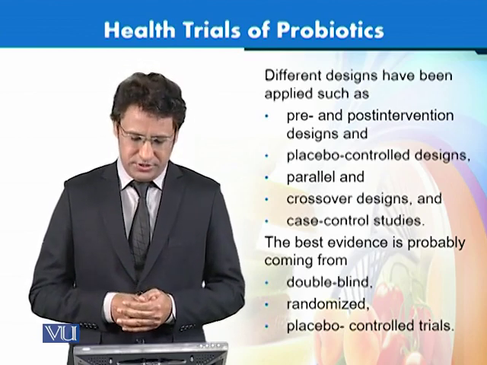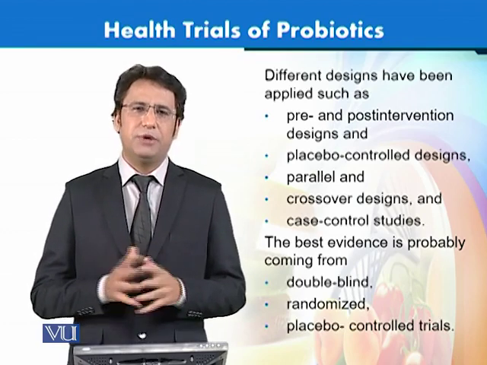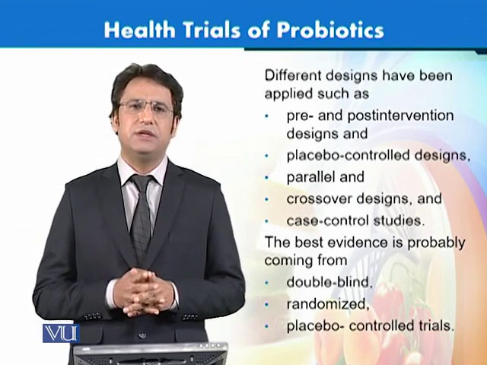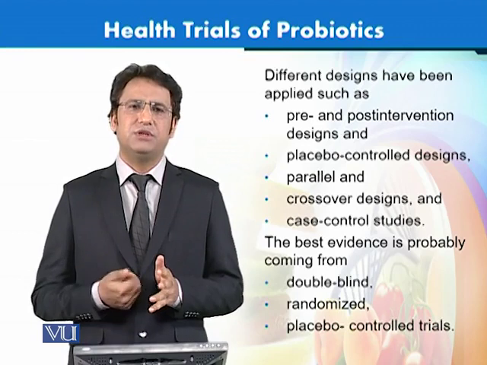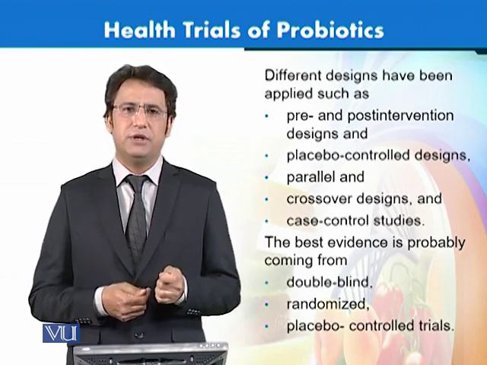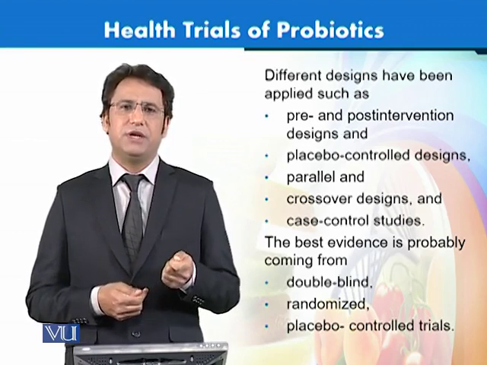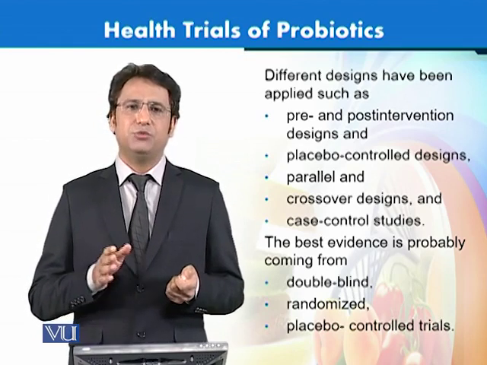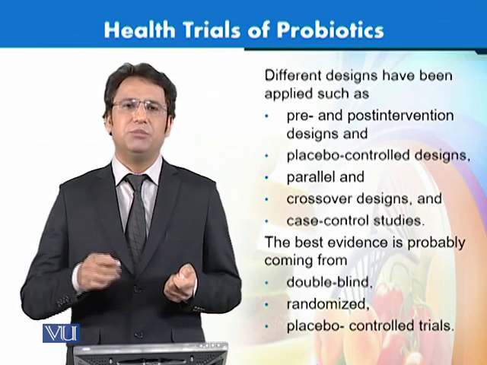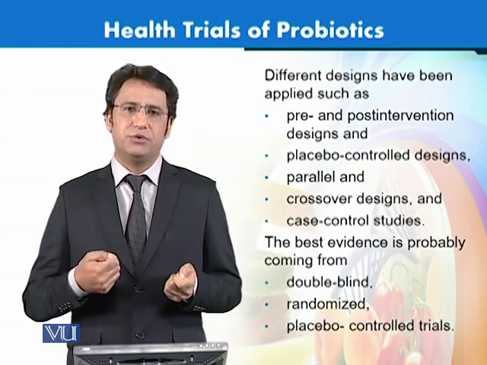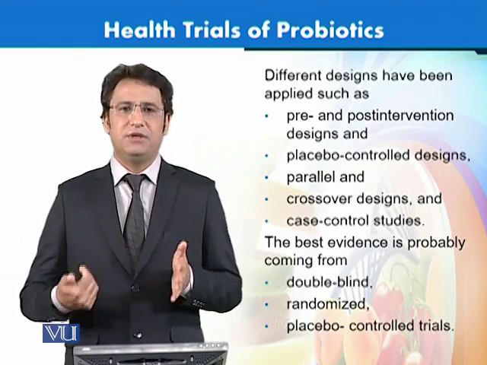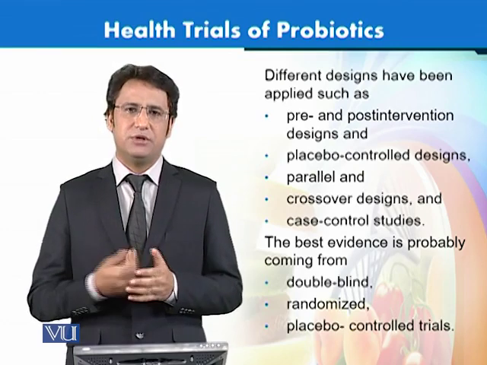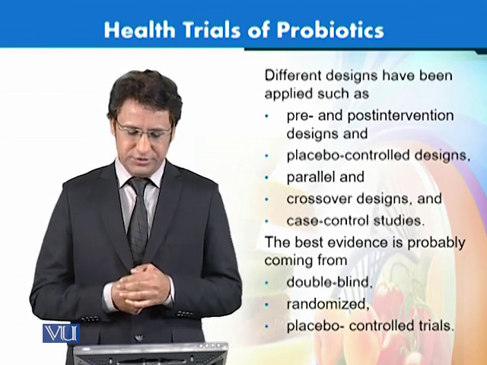The crossover design is different from the parallel design. The crossover design includes a situation in which, for example, group 1 would be given treatment A first followed by treatment B, whereas group 2 might be given treatment B first followed by treatment A, and then we look at the outcome of these interventions.